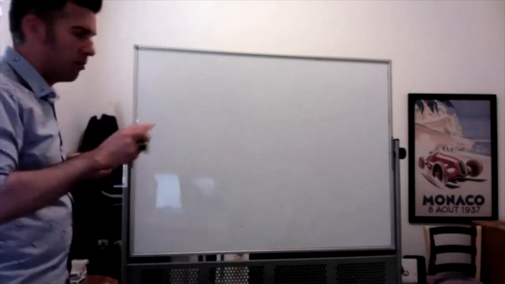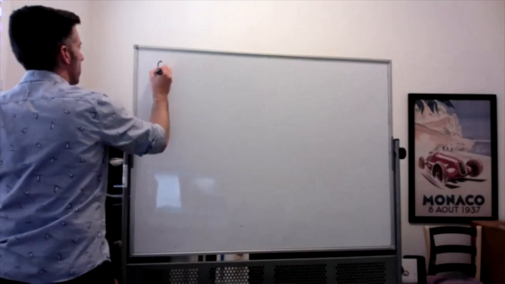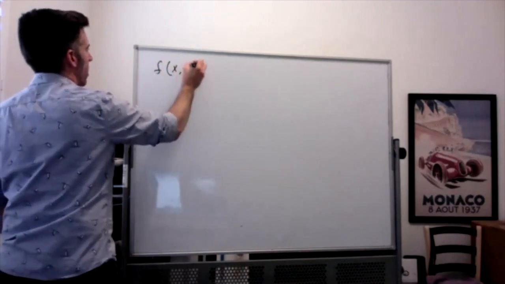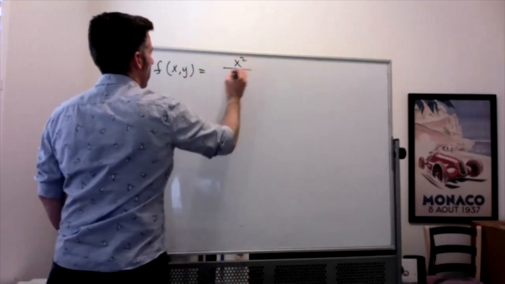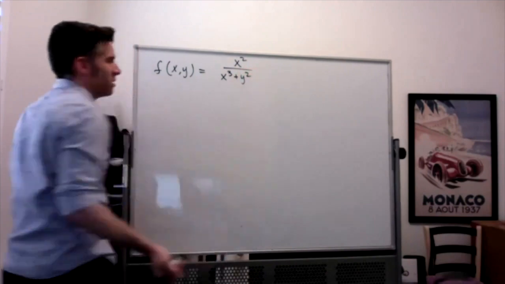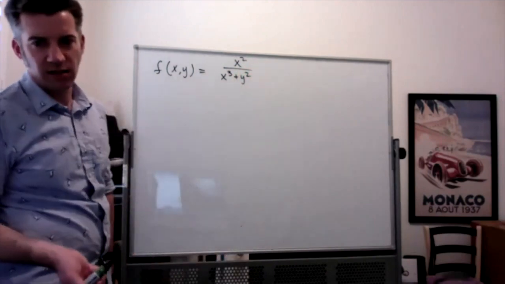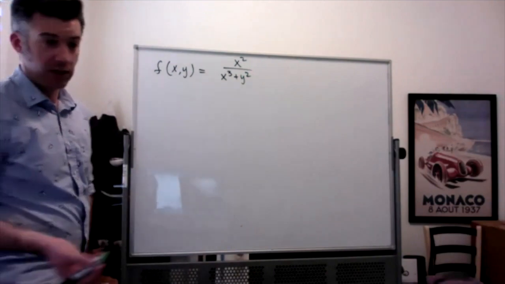Let's do one more function of two variables. Let's say f of x comma y is x squared over x cubed plus y squared. Might be a little less nice than I intended, but that's all right. So let's do all things. I'll use the other notation this time.